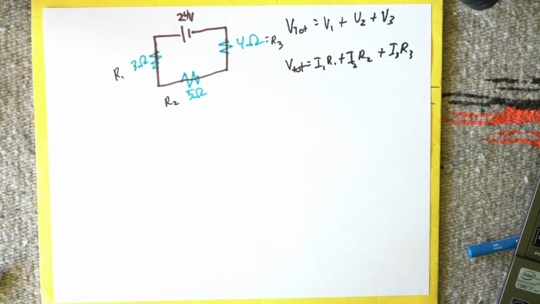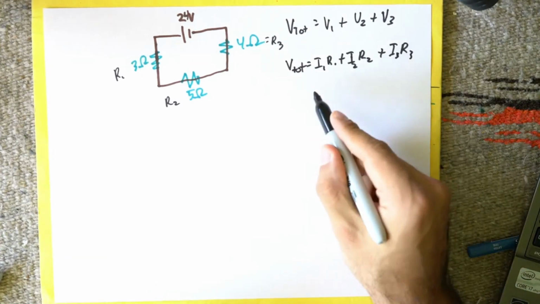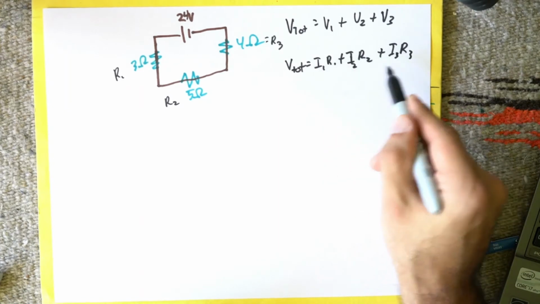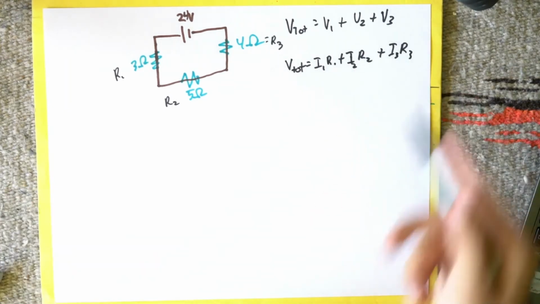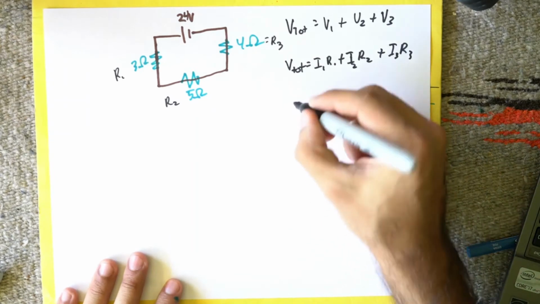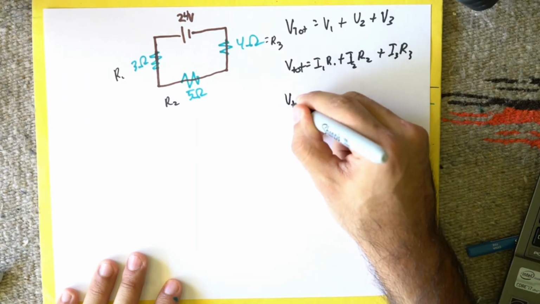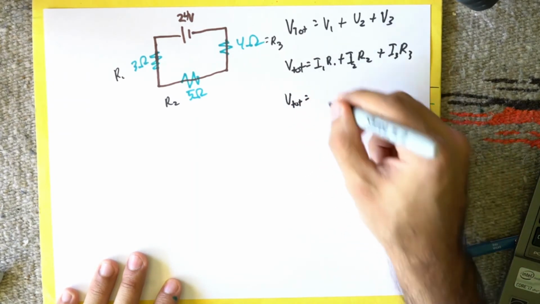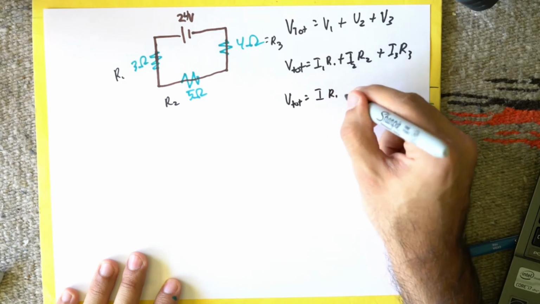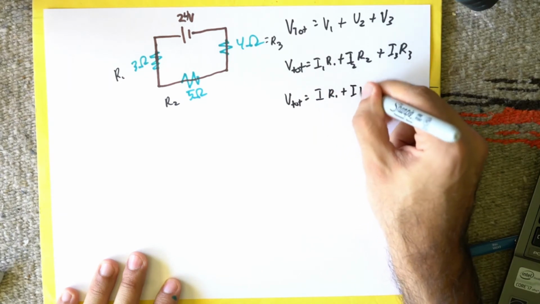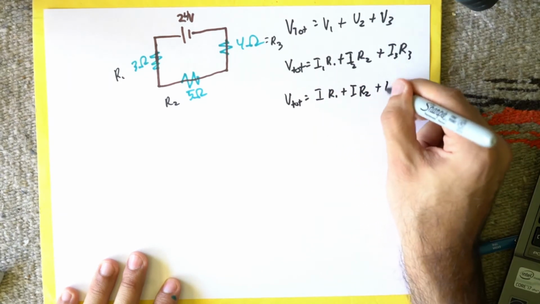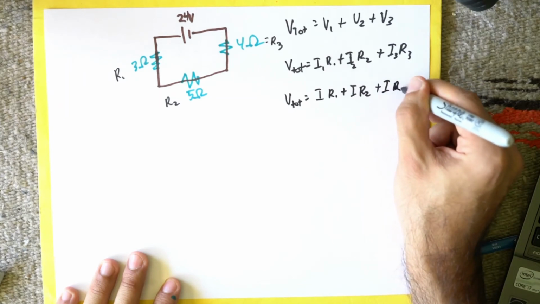Because there's so many electrons, they're all constantly bumping into each other. So then I can replace all of these with just I in general. So I'm going to say V total is equal to I R1 plus I R2 plus I R3.